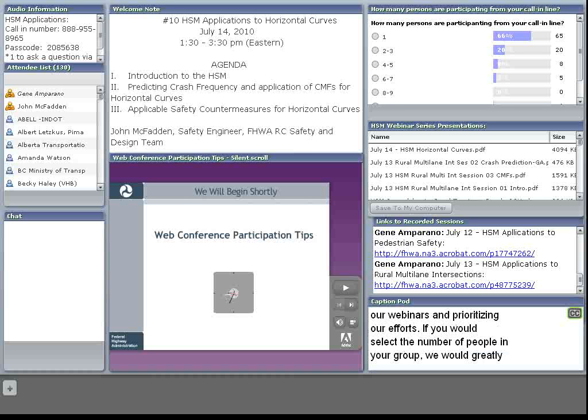The safety manual allows us to do the same for safety in explicitly being able to evaluate potential design alternatives and the impact they have as it relates to the expected number of crashes that are expected at a site.